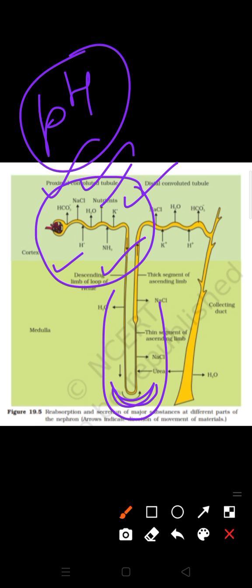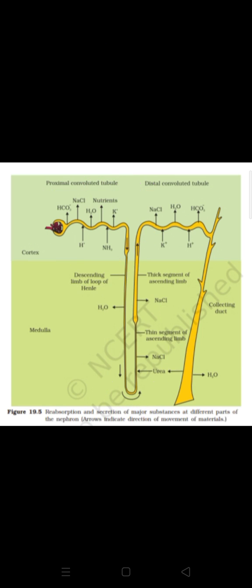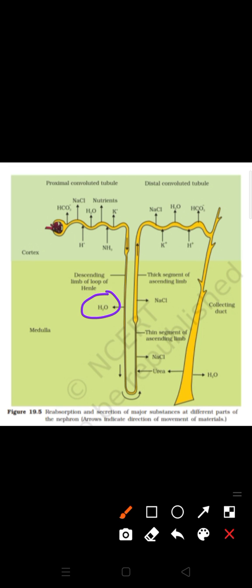In this area reabsorption is very minimum. You can see in the diagram only water, especially in the descending loop, NaCl in ascending loop, and in the vasa recta region the substance is very little absorbed.